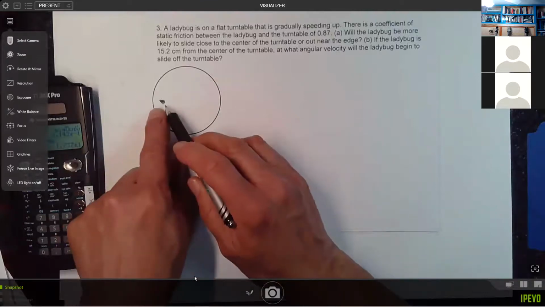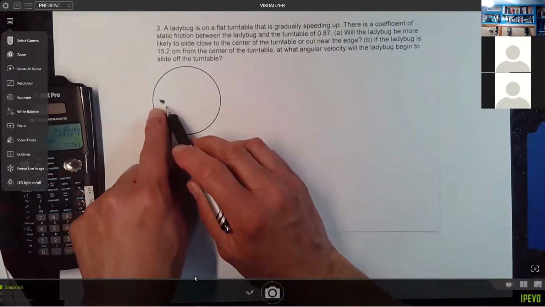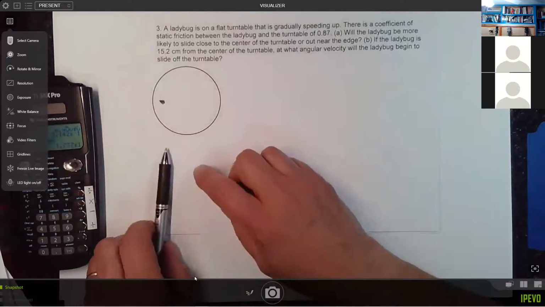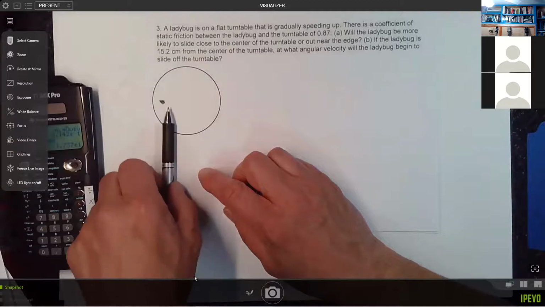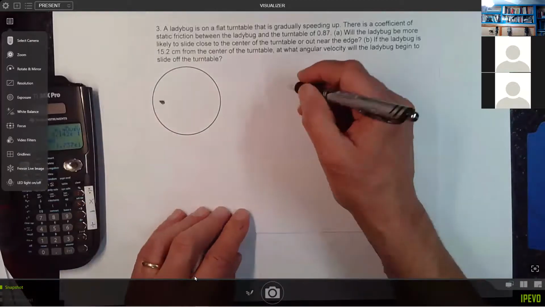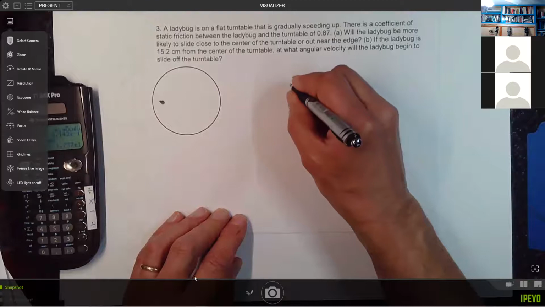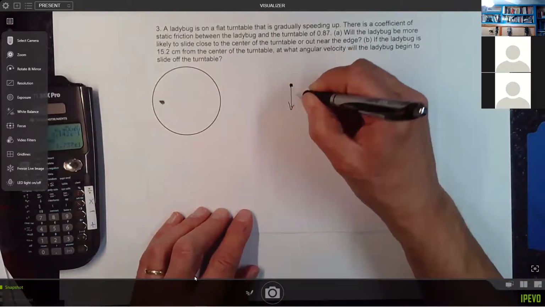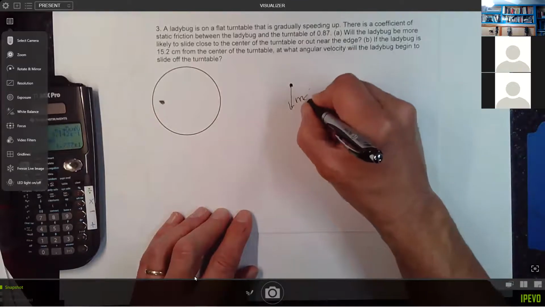Well, let's make ourselves a free body diagram, and I guess it can be when the bug's over on this side of the thing, and we'll look at it from the side. So we'll put ourselves in the plane of the turntable and make a free body diagram for the ladybug. We have mg downward.